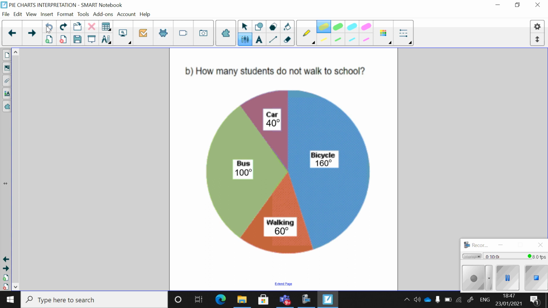How many students do not walk to school? Do not walk to school. So what are you thinking here? You might be thinking, well, I know how many.